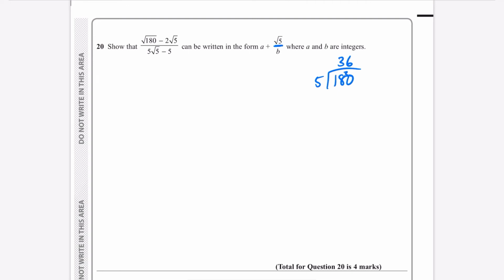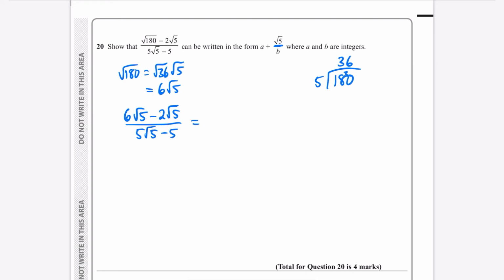So that's actually really good. We can rewrite this 180 as the square root of 36 multiplied by the square root of 5, and the square root of 36 is 6. So it's 6 root 5. So this looks like the numerator is going to be 6 root 5 minus 2 root 5 divided by 5 root 5 minus 5.